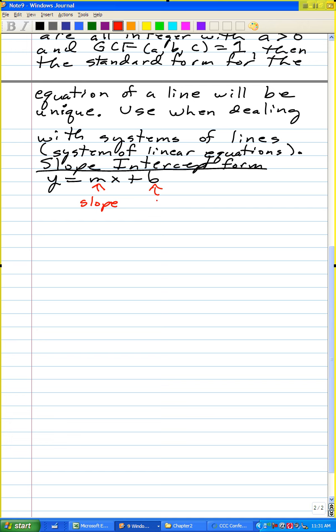B is the y coordinate of the y-intercept for this line. Since you have a slope, there must exist a slope, and so you cannot have vertical lines. So this cannot be used for vertical lines.